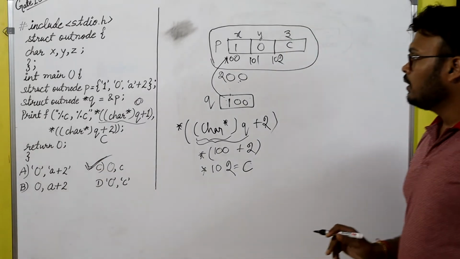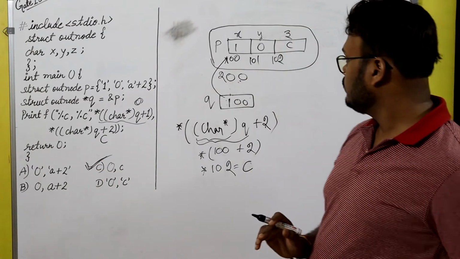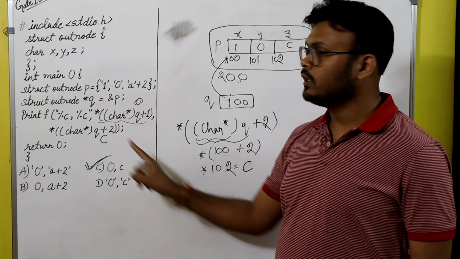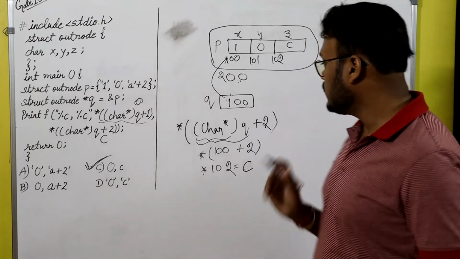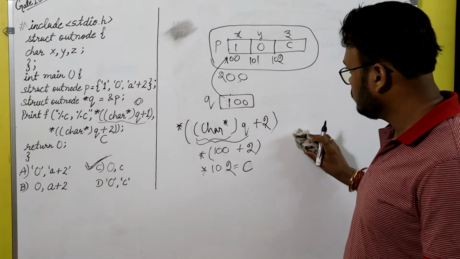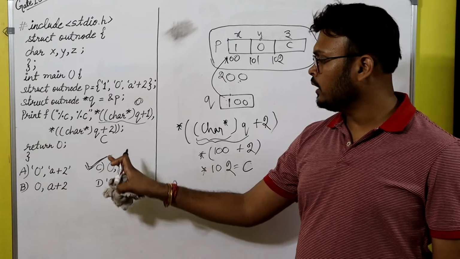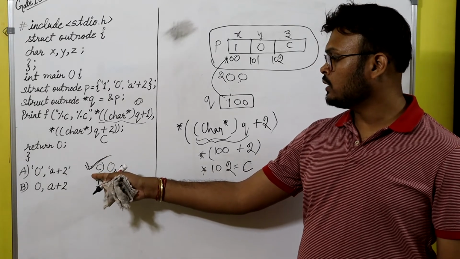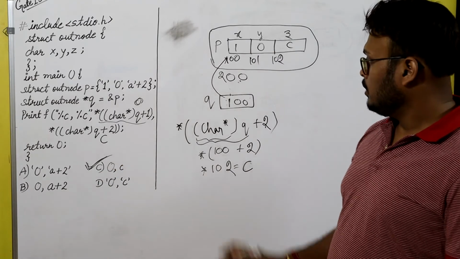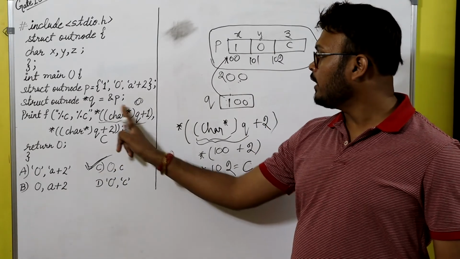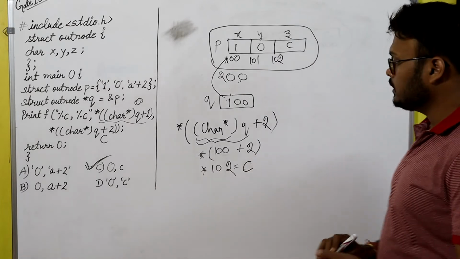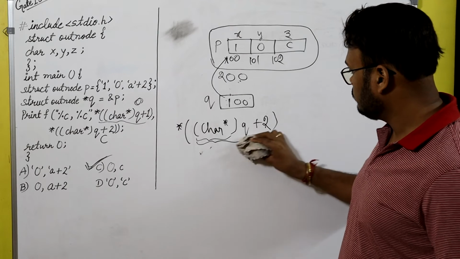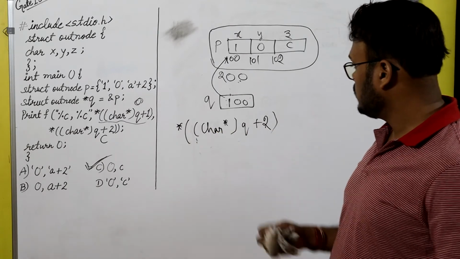Okay. And let me tell you one more thing, that if there were no type casting, then what would happen? Just like this. So I hope that till now you got the answer how we got this option C. Okay. But suppose there were no type casting. Okay, just like this. Just remove this part.